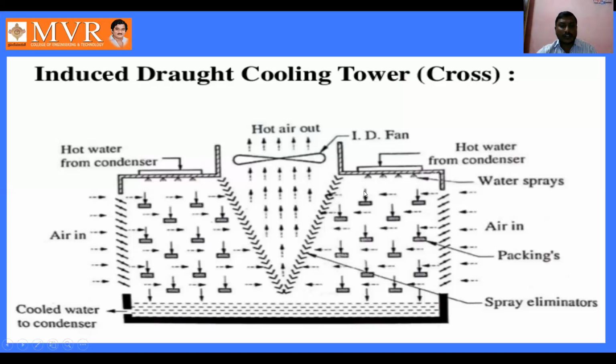The water comes down and the air moves in the upward direction, and heat exchange takes place between the hot water and the air, and the air takes the heat from the water and escapes into the atmosphere as hot air. This is the induced draft cooling tower cross section.